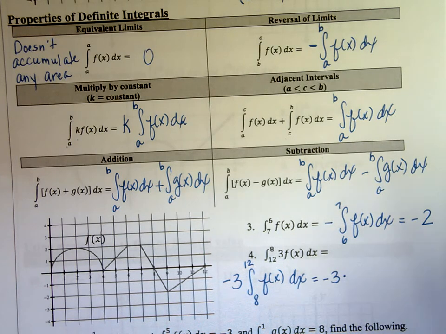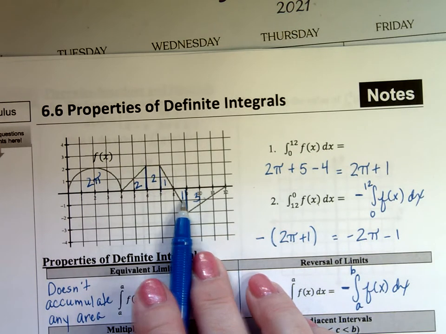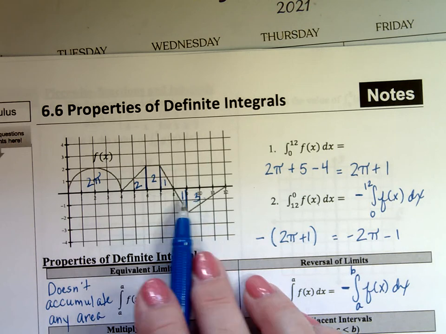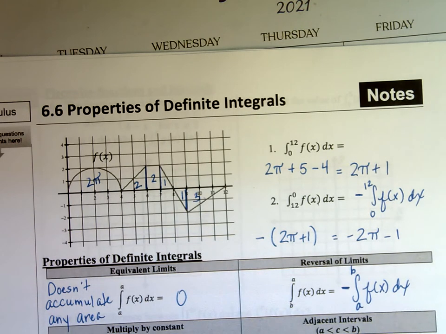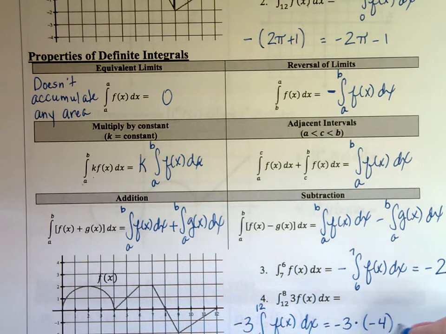If I look at my area up above between 8 and 12, it is 1 plus 3. However, they're under the x-axis. So it's 4, of course, when you add them up, but it's going to be a negative 4 because it is under the x-axis. So negative 3 times negative 4 gives me an answer that is 12.